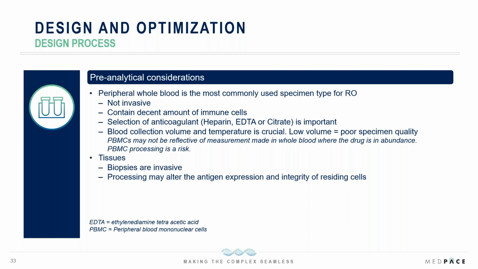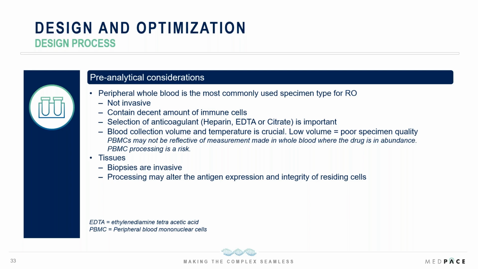Using whole blood is almost not invasive and contains a decent amount of immune cells. However, the selection of the anticoagulant is very important, as this can alter the expression and the stability of the target antigen. Whole blood is also preferred over PBMCs, because with PBMCs you are doing a processing step before using them. So if you have a bad enrichment, you can have an impact on the receptor occupancy calculation.